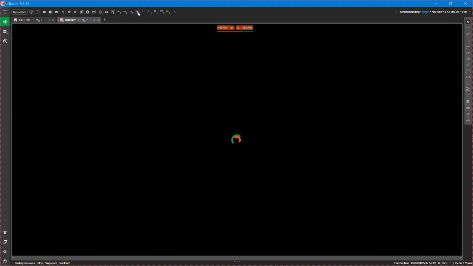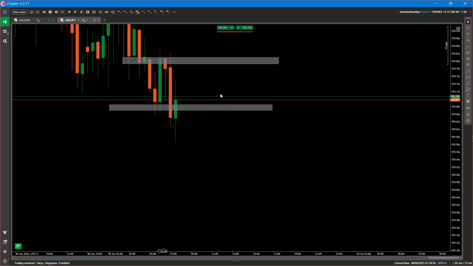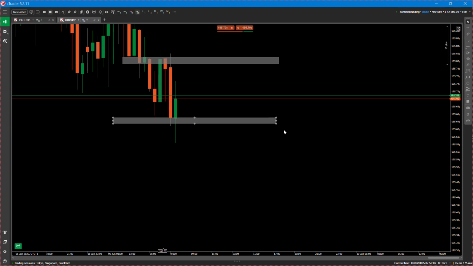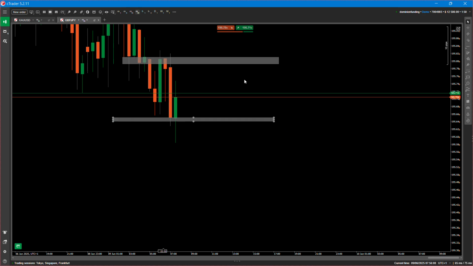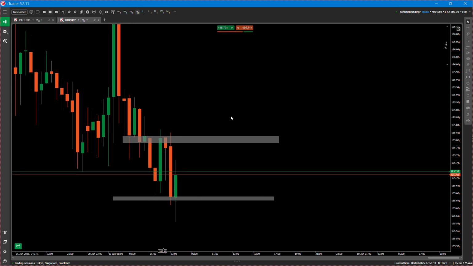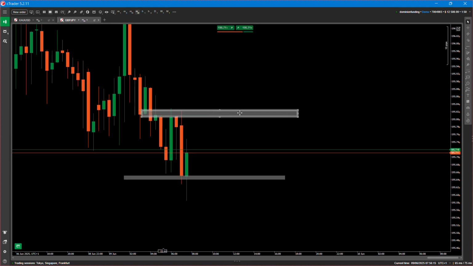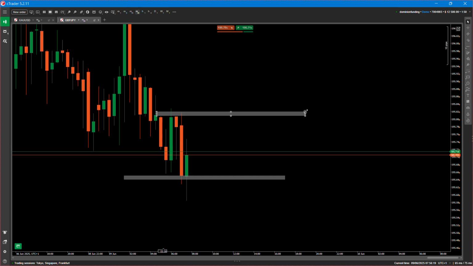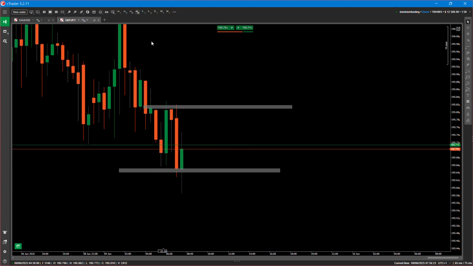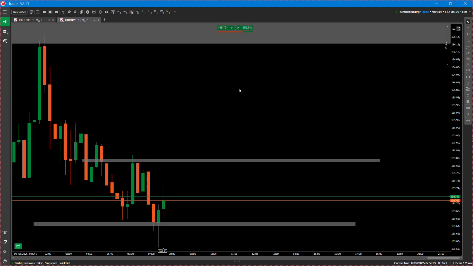On the 30 minutes, obviously it is creating a new support. You just have to wait to see what structure the market is going to form and how it's going to form those structures to see how we can either buy or sell in this market.